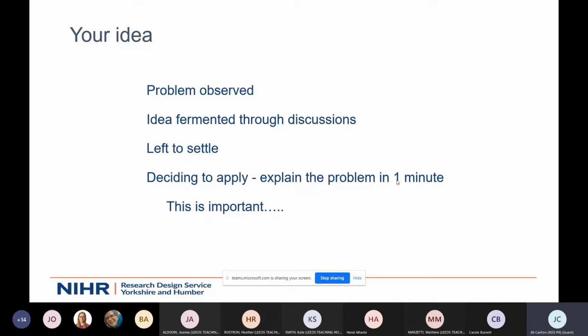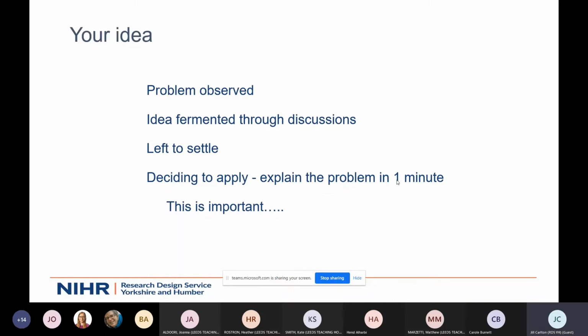And for me, the best projects are ones where people have observed a problem on a day-to-day basis. And you're talking about it to your colleagues, going, oh, this isn't right, or this doesn't fit. I wonder why this happens, or I wonder why this doesn't happen. And those discussions can help germinate the ideas that you've got around your project.